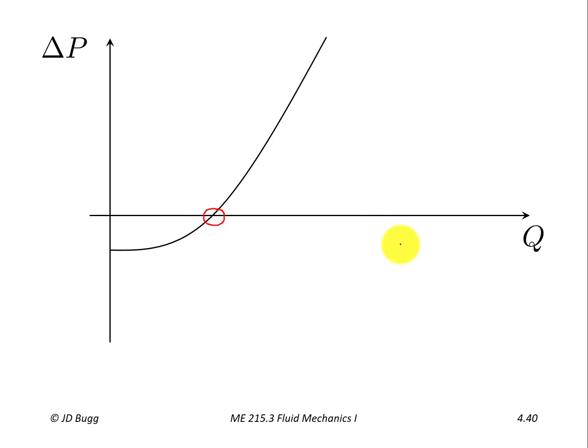Okay, and of course the same thing happens as we change the fixed system pressure. Maybe we move the exit down even further, then our flow rate will increase. But we can predict what that flow rate is going to be just by setting our delta P pump to 0 and solving for the flow rate that results in a delta P of 0.